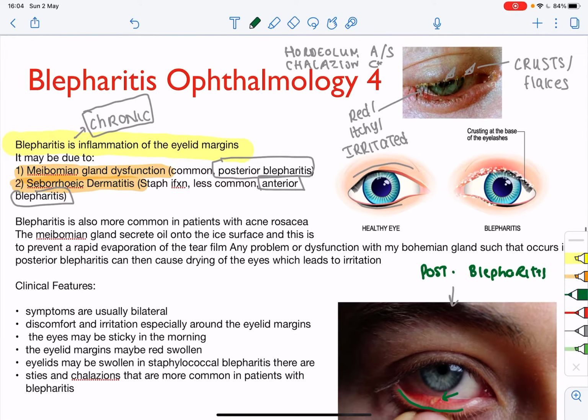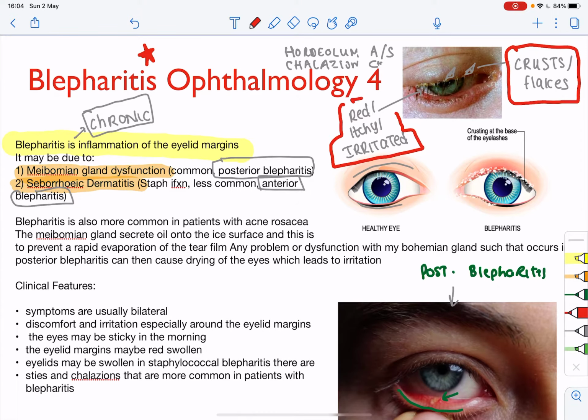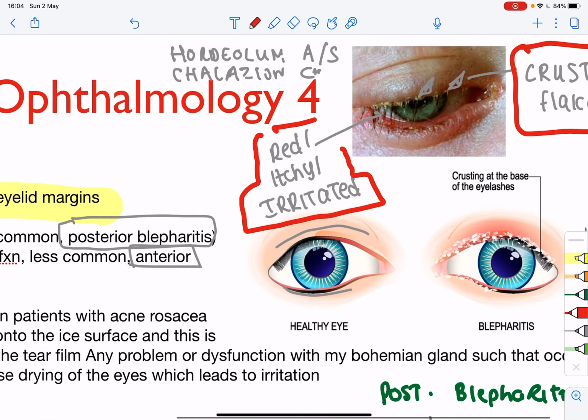Now, the thing you have to remember whenever you think of blepharitis, your high yield, high value point, is that it's always typically associated with crusting and flakes. So essentially you have this red, itchy and irritated eye. I want you to remember this picture, because here you can quite clearly see there's matting of the eyelashes.